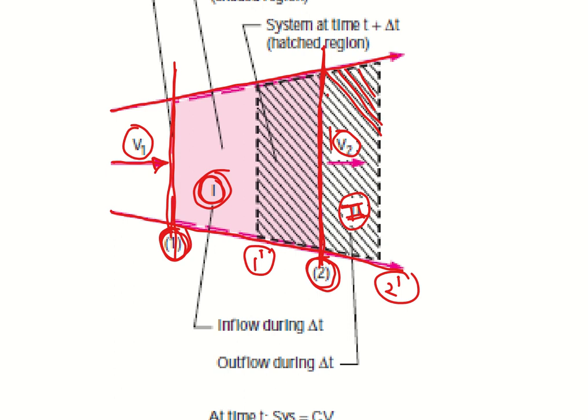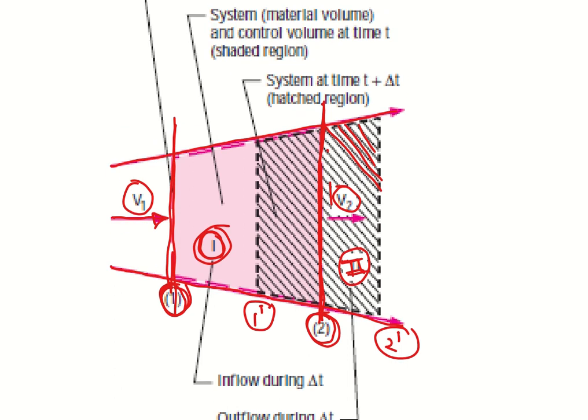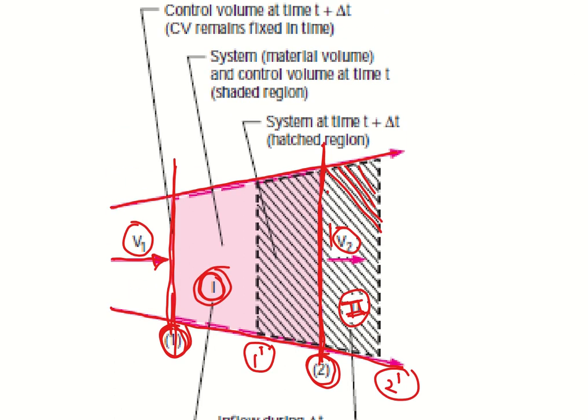Now after understanding this figure, we will write one equation at time t and at time t plus delta t. So kindly note down this figure properly. I am again repeating, this shaded portion is the control volume at time t, and this shaded portion is the control mass at time t.